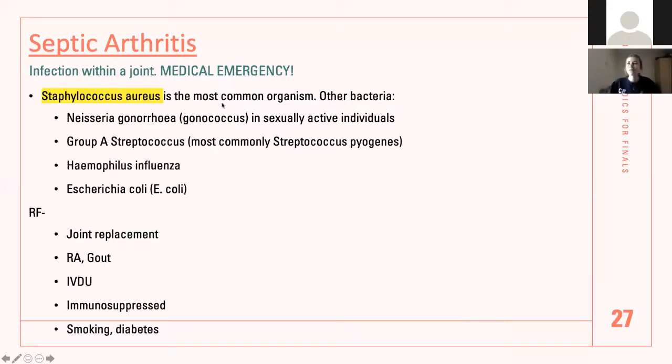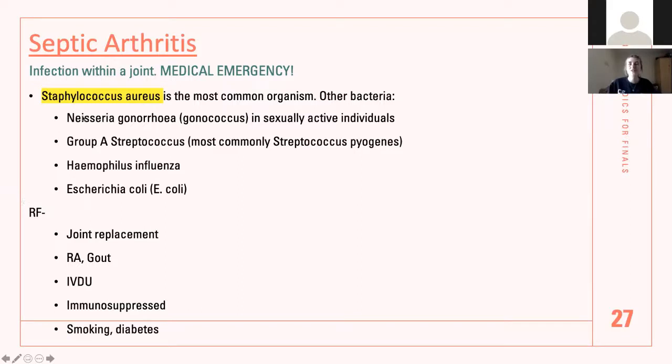So septic arthritis, this is often quite a common exam question. It's a medical emergency, and it's most commonly caused by Staph aureus. Other bacteria known to cause it are gonorrhea, group A strep, H influenzae and E. coli as well, but it's most commonly Staph aureus.